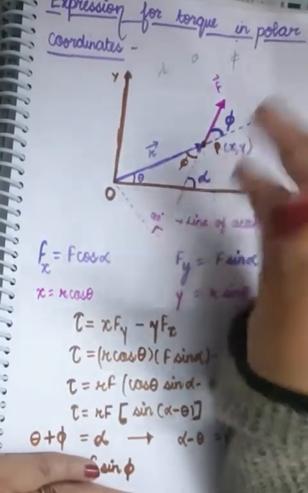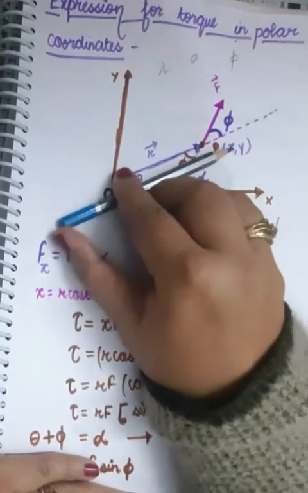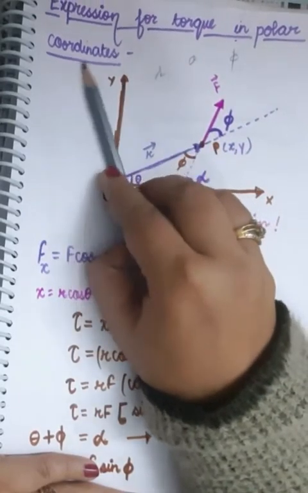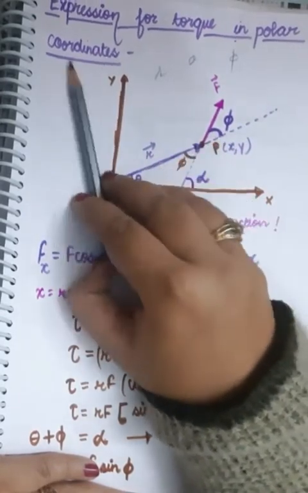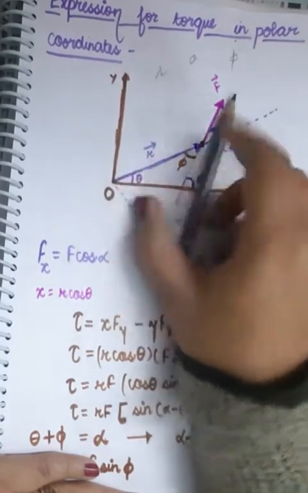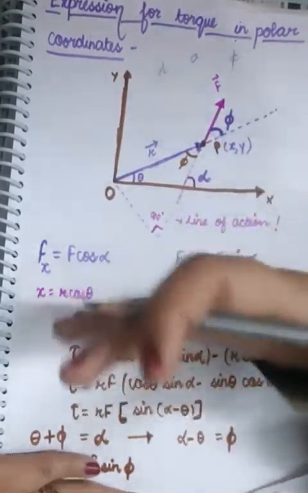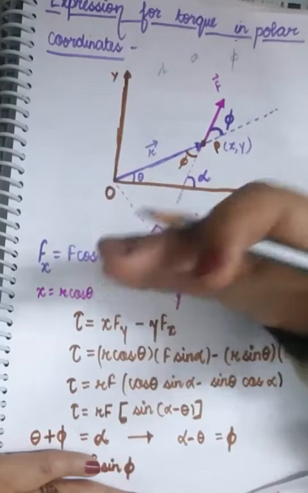This theta is getting changed, because the object is rotating, and that's how this angle with respect to the x-axis is getting changed over and again.